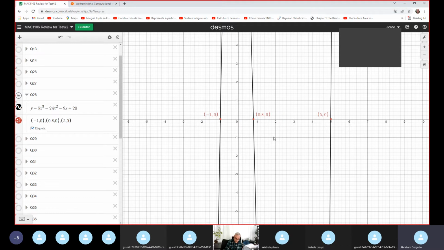Okay, we have one factor, one zero positive, which is 5. So x equal 5, and the factor associated with this is x minus 5. We have another negative, which is negative 1, x equal negative 1.